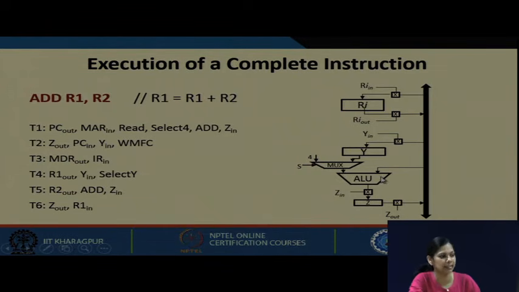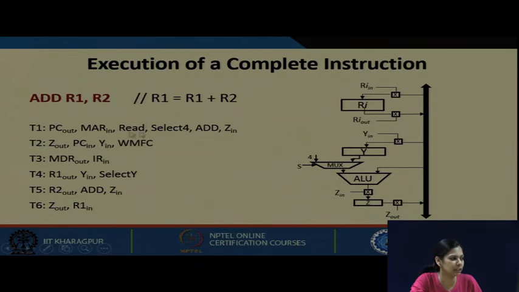So, this input has PC out and this has 4, and we do an add, and then after adding we put the value in Z in. That means in Z you now have the incremented PC value. What needs to be done to this PC value? It needs to be transferred to PC again, which we will do in the next step.